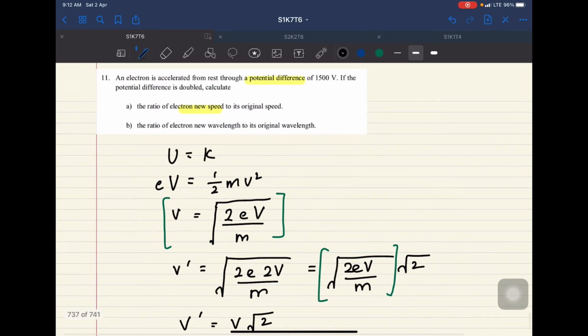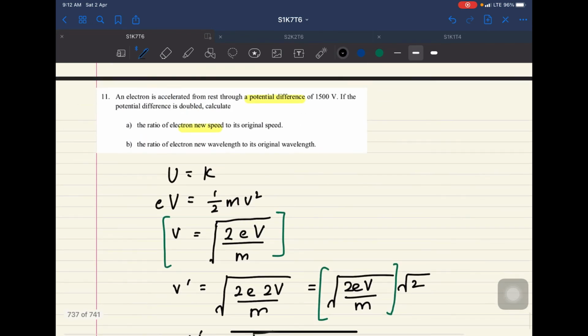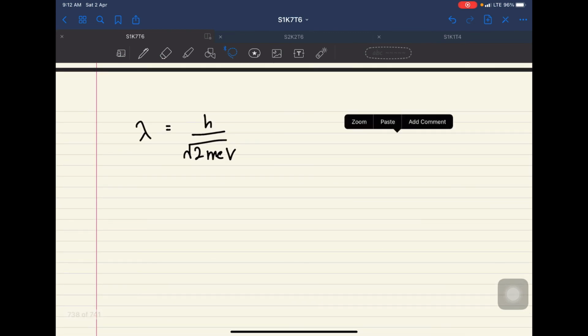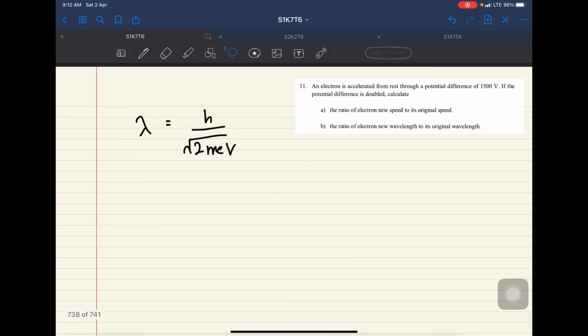You want to relate lambda with V. So you can use lambda equals h over square root of 2meV. Maybe I copy the question down here: new wavelength to its original wavelength. Just put it over here. Question B. So this is my initial lambda.